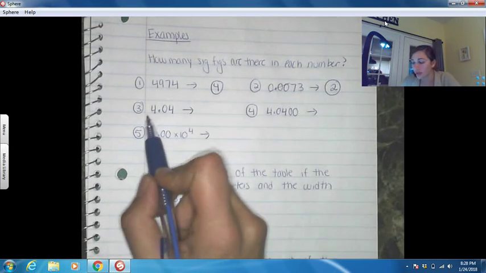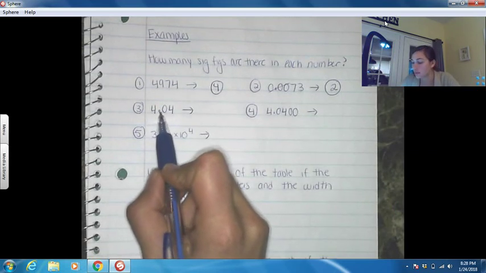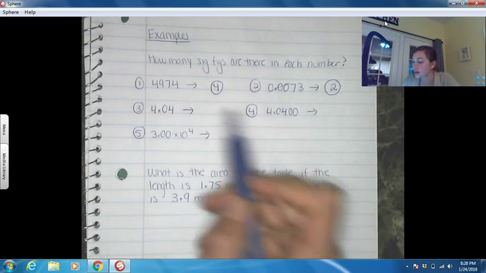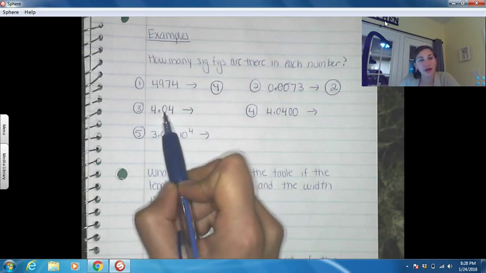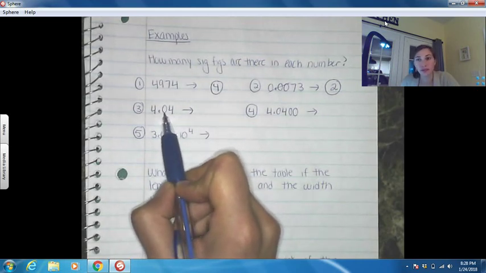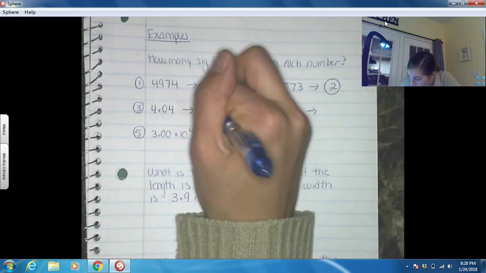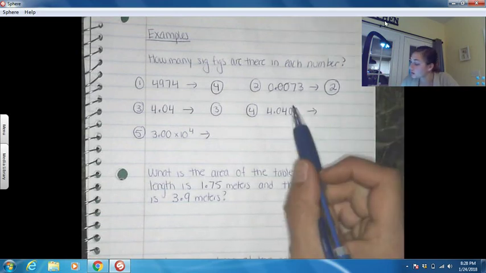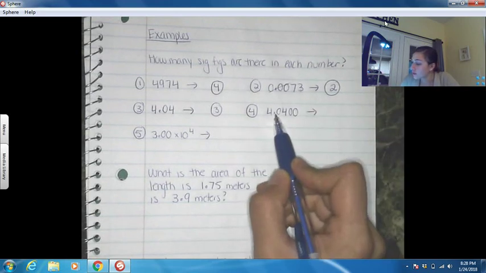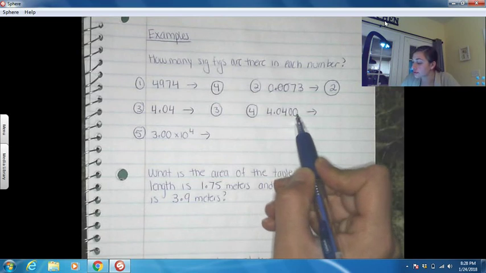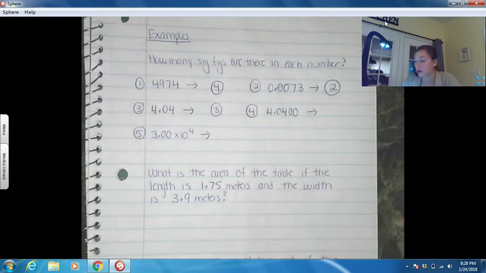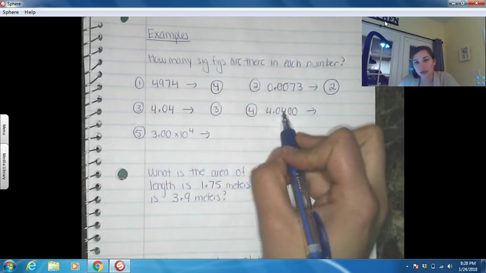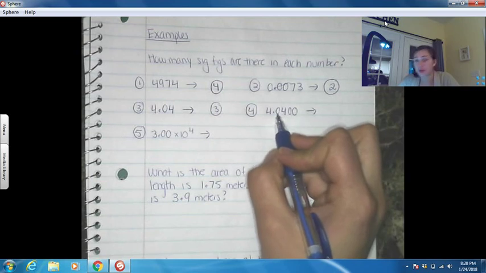In number 3, we have 4.04. Our non-zero numbers count, and there is a 0 that is sandwiched in between. Sandwiched zeros always count, so we have a total of 3 significant figures. Here, we have 4.0400. All right, so we know that our non-zero numbers count, and the 0 in between, which is our sandwiched 0, will always count.